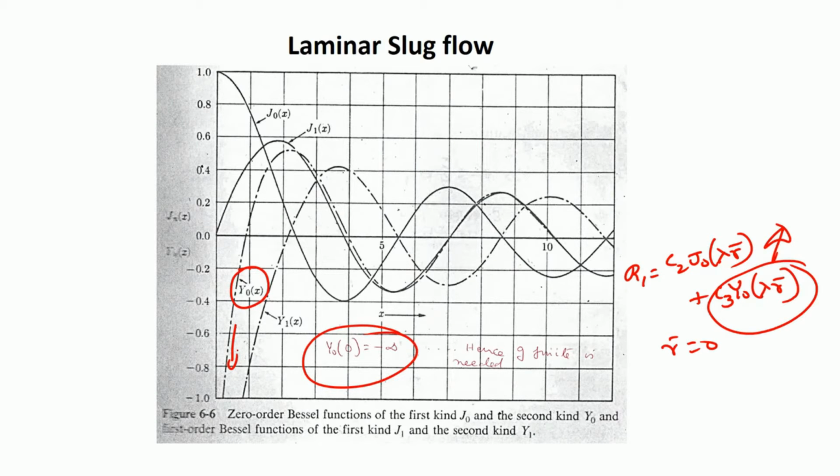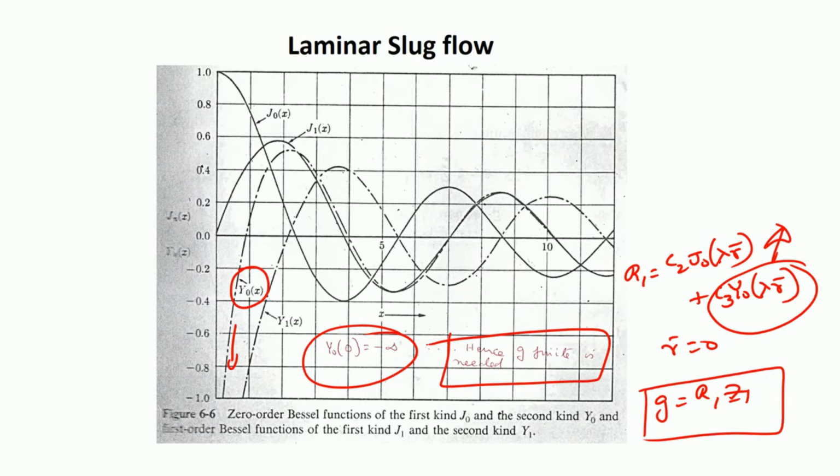So, in order to assure finiteness of G, because what is G? G is basically nothing but R1 into Z1, right? That is G. So, in order to keep G finite, what we can technically assure is to make C3 equal to 0.